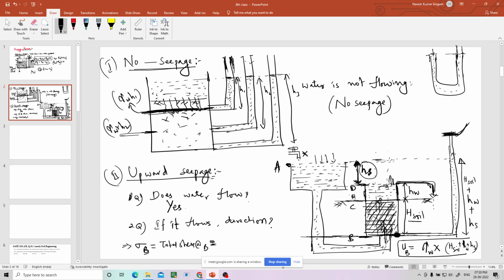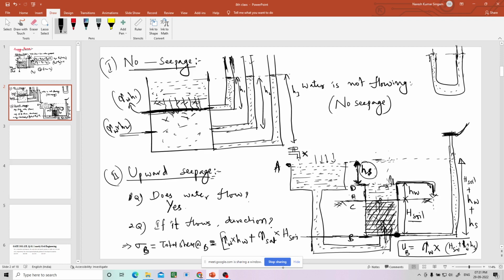Total stress is whatever is above B: gamma W into HW plus gamma sat into H soil.